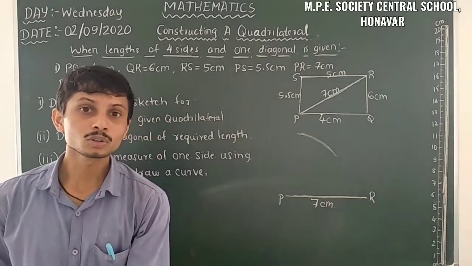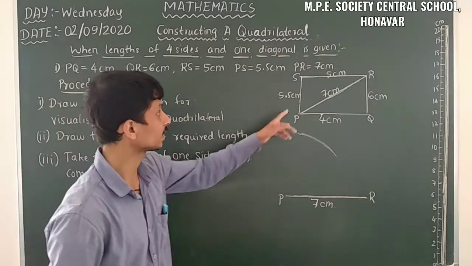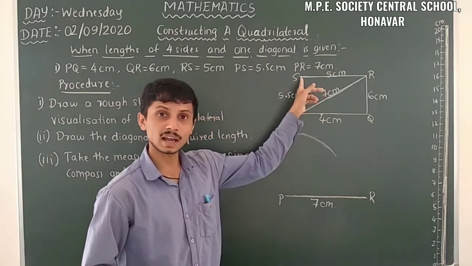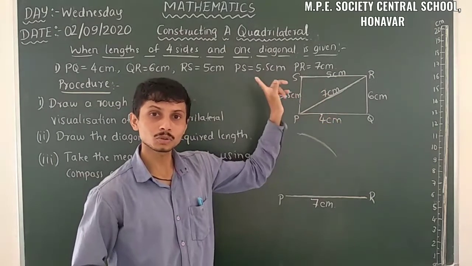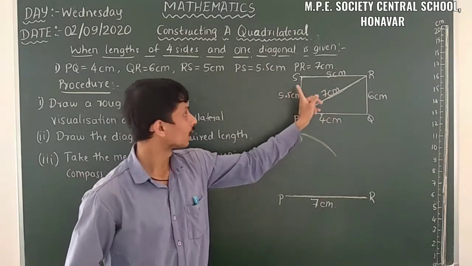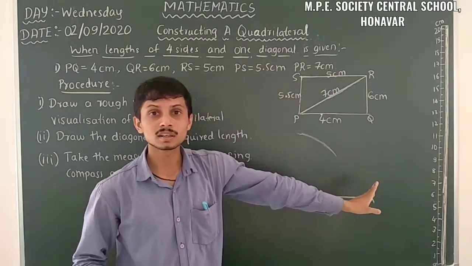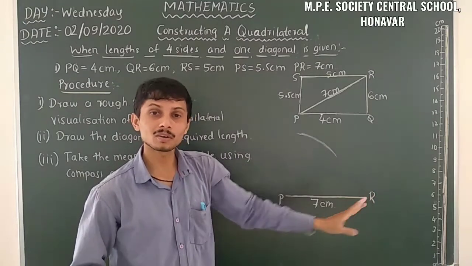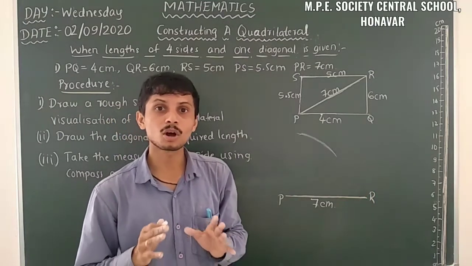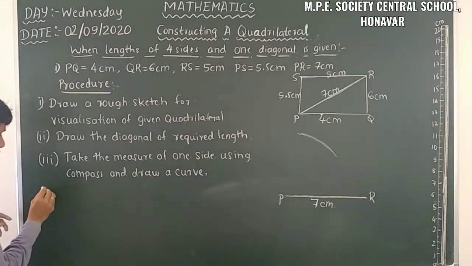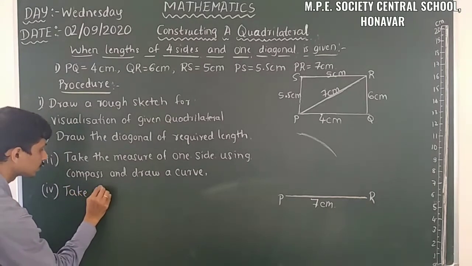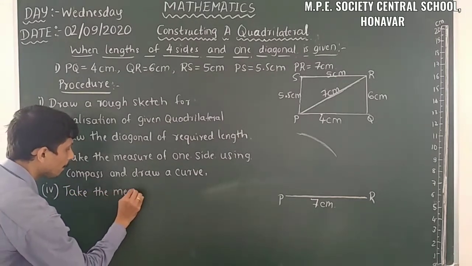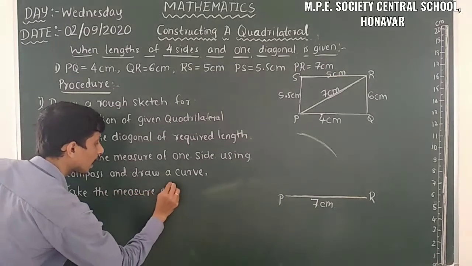Then we have to take the adjacent side. Once we took this side, after that we have to take the length of the adjacent side using the compass. After that we have to cut the previously drawn curve. So the next step is to take the measure of the adjacent side.